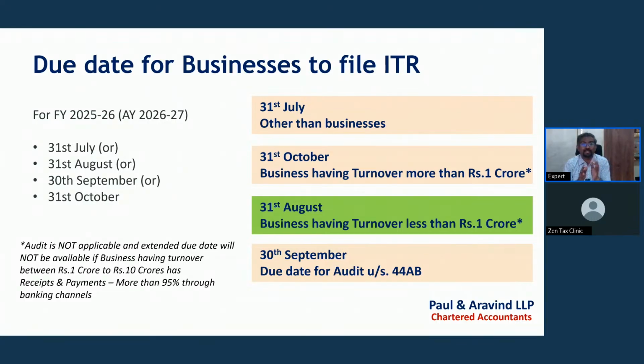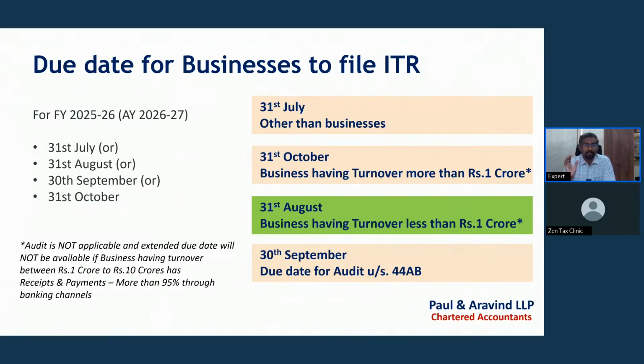audit. If any taxpayer, I will repeat, has gross receipts or turnover less than 1 crore, it is always very simple. You need to file the income tax return by 31st of August. Above 10 crores, very simple, you always have the benefit of extended time, that is by 31st of October.